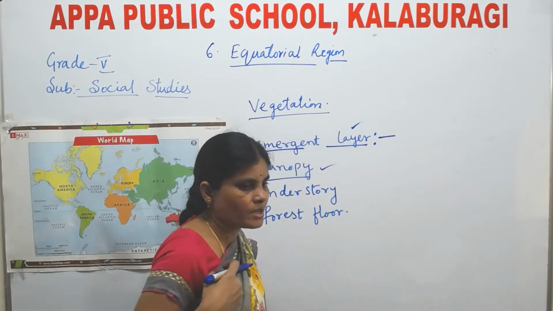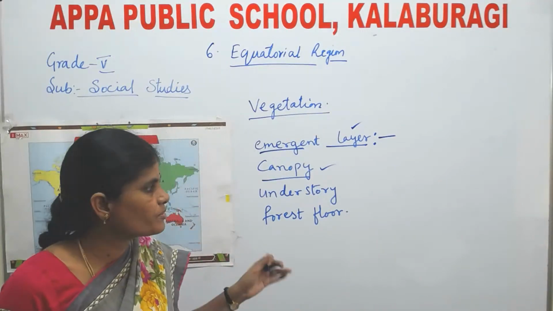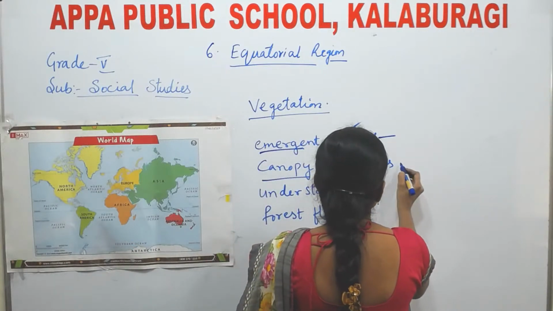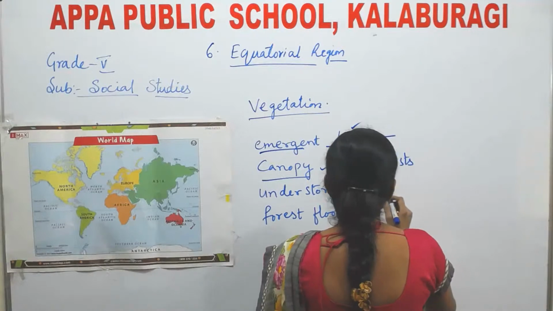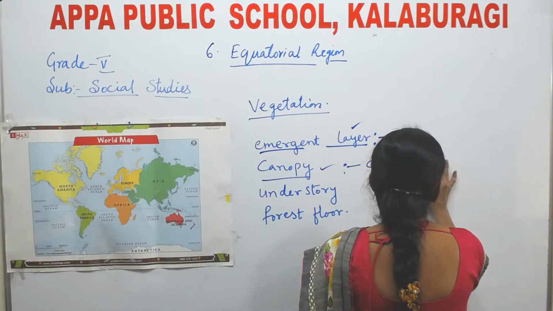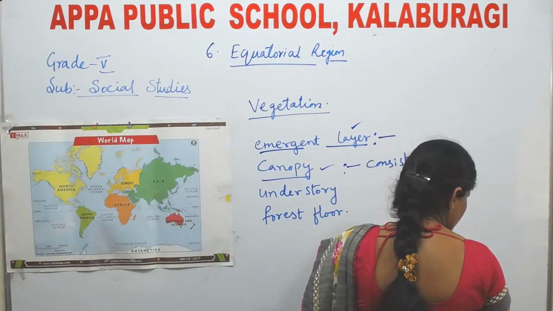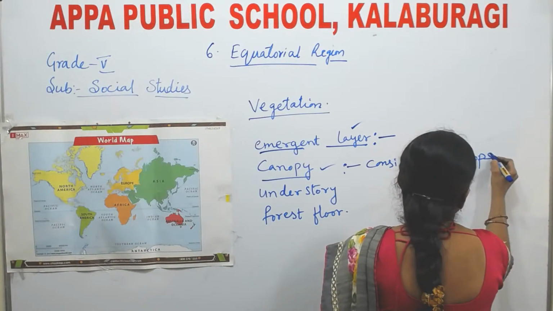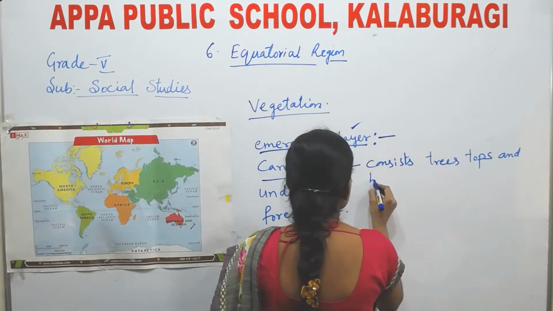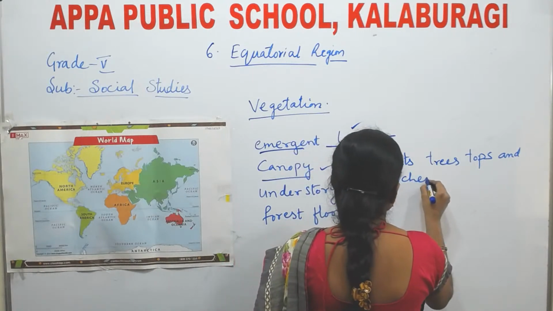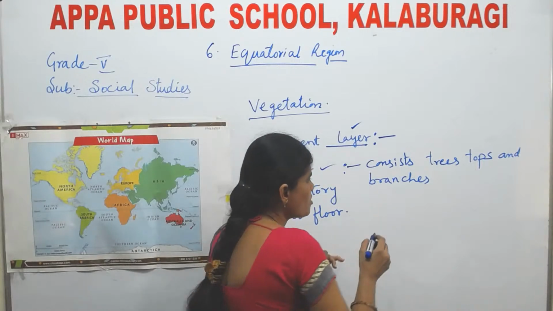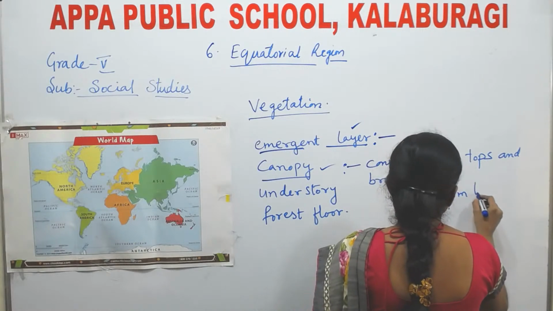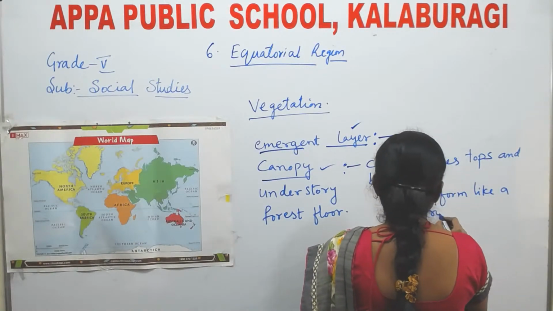This is the canopy. Canopy means roof. What do we mean by canopy? Canopy means roof. This layer consists of tree tops and branches, which form like a roof.